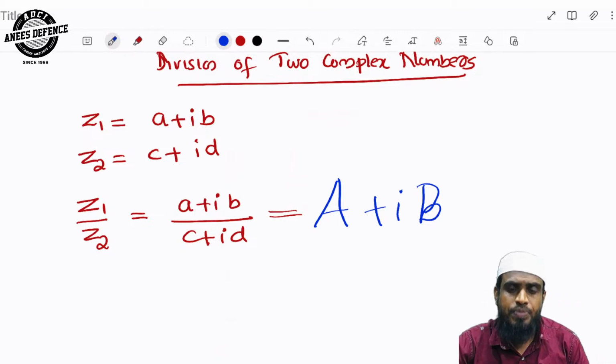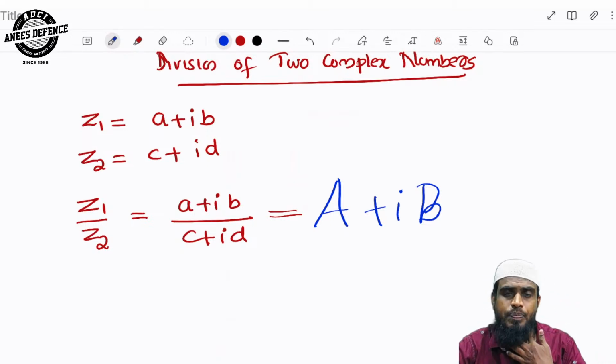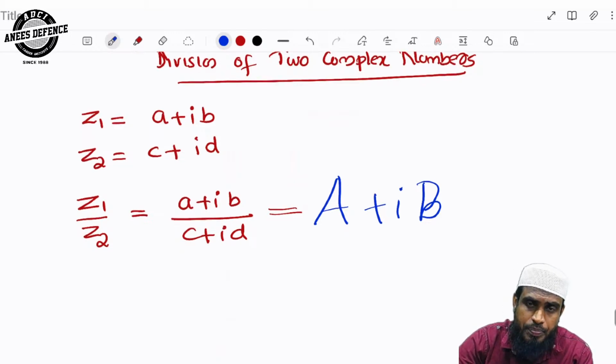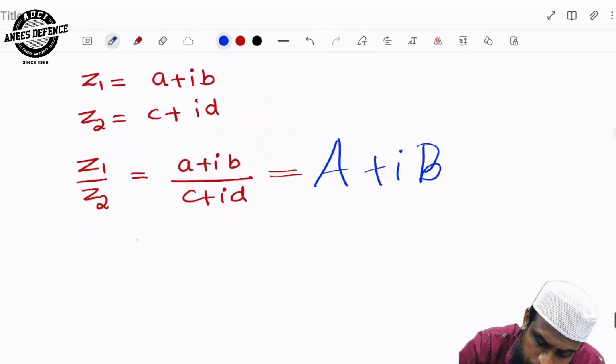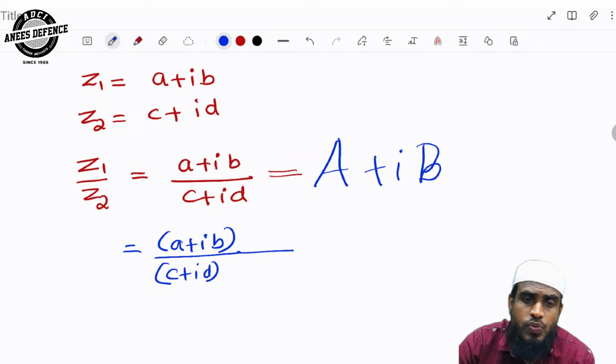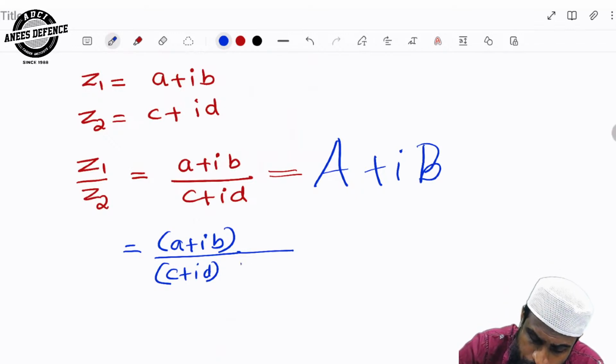So what we have to do? We should do the rationalization. Rationalize the denominator, not the numerator. So (A plus iB) divided by (C plus iD). Take the complex conjugate of the denominator and multiply in the numerator and denominator, so C minus iD.